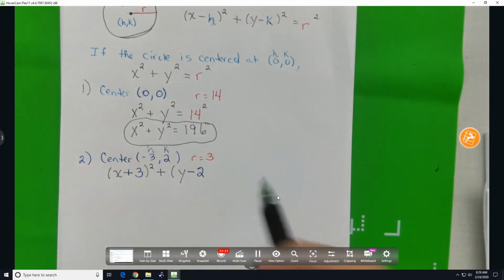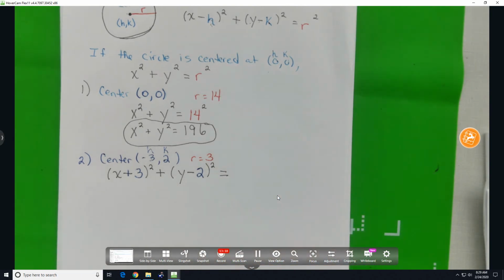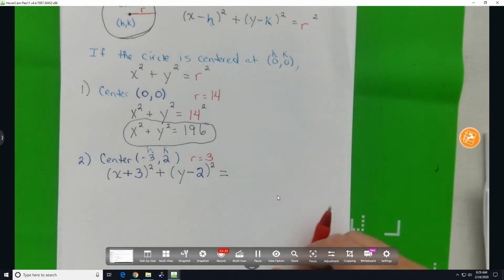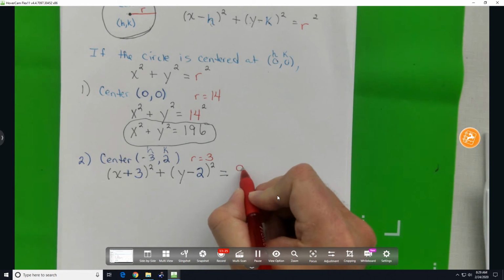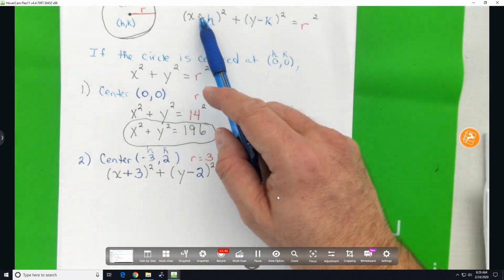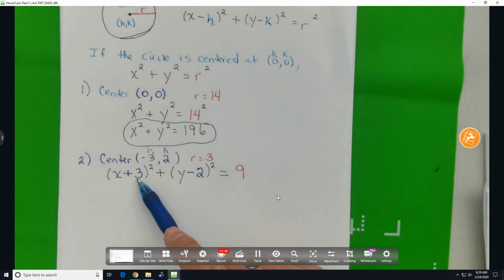So that's going to stay just a Y minus 2 in the parentheses. Equals, oh heck, can I do this in my head? The 3 squared, what number am I going to write right there? Just a 9. So X plus 3 squared plus Y minus 2 squared equals 9. Do y'all see how I got that? Especially that plus 3 in the parentheses here. It's X minus a -3. So that's why it's a plus 3.